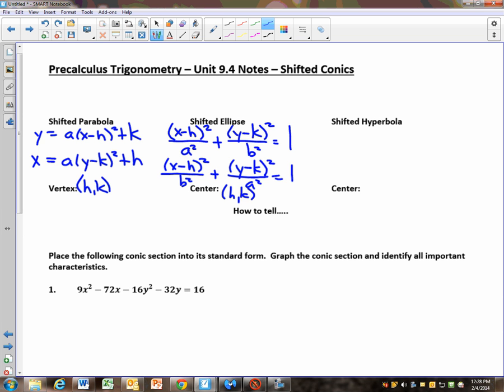Shifted hyperbola. What's different about the hyperbola equation? It's got subtraction. X minus h quantity squared over a squared minus y minus k quantity squared over b squared is equal to 1. Is that a horizontal hyperbola or a vertical hyperbola?